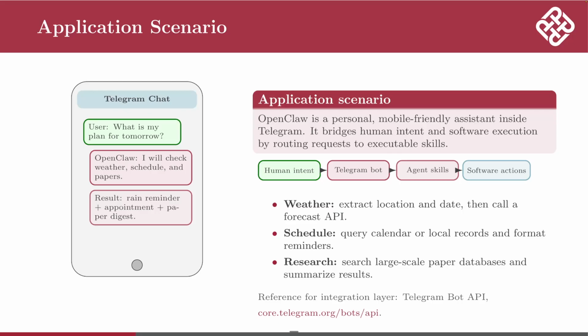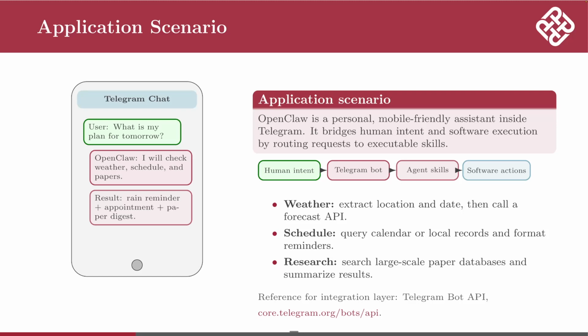So how are we going to do this? For the application scenario, we're going to use OpenClaw, a personal AI assistant which can be integrated with mobile chat apps such as Telegram, WhatsApp, and WeChat. We start with the human input through the Telegram app, and it goes to OpenClaw.